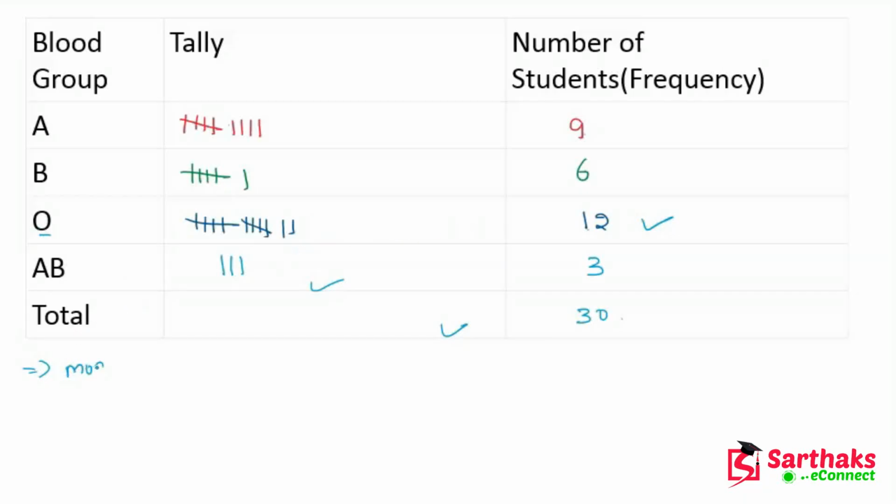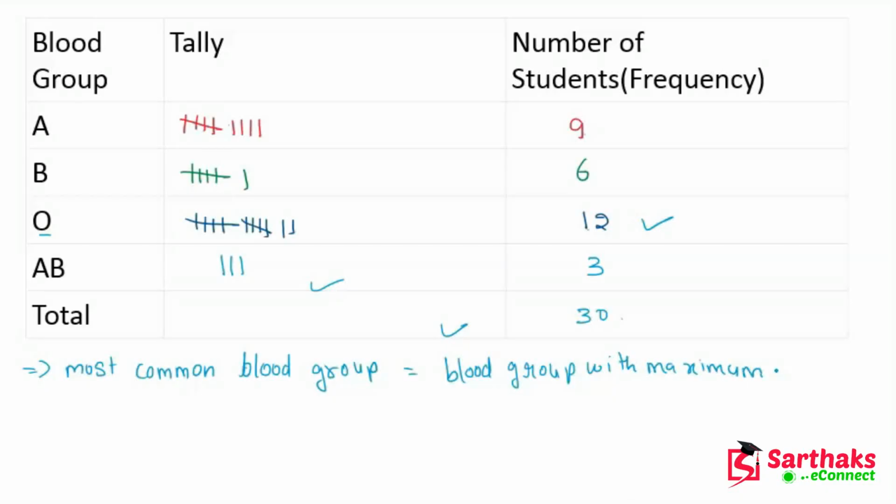So we can write: most common blood group is equal to the blood group with the maximum number of students. So this is O blood group.